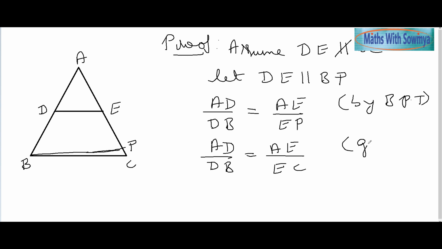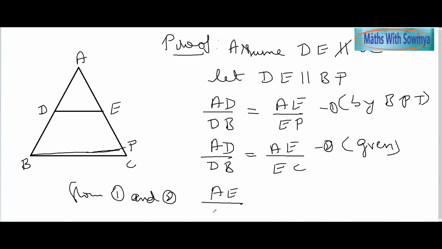Once again, from 1 and 2, I can say AE by EP is equal to AE by EC. So this implies EP is equal to EC directly, which is only possible if P is equal to C.